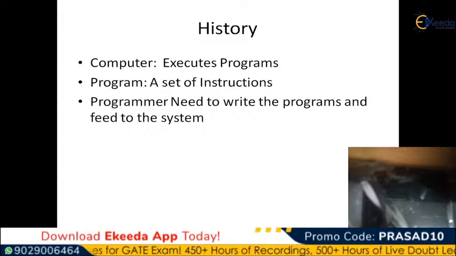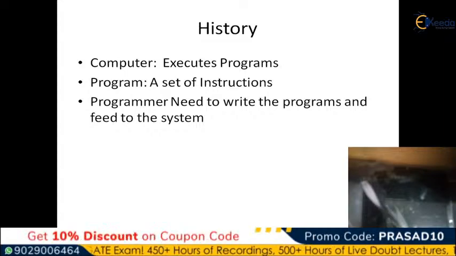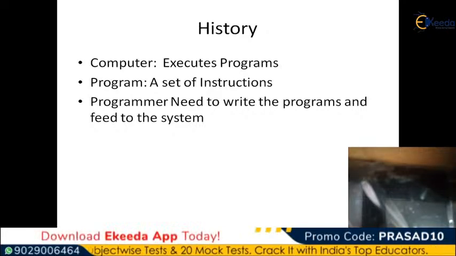A program is a collection of instructions. Now, when you want to write a program, you need to understand several programming languages, like C, C++, Java, or whatever. After you write the program, there must be a storage provision where you can store the programs. I hope you got it.